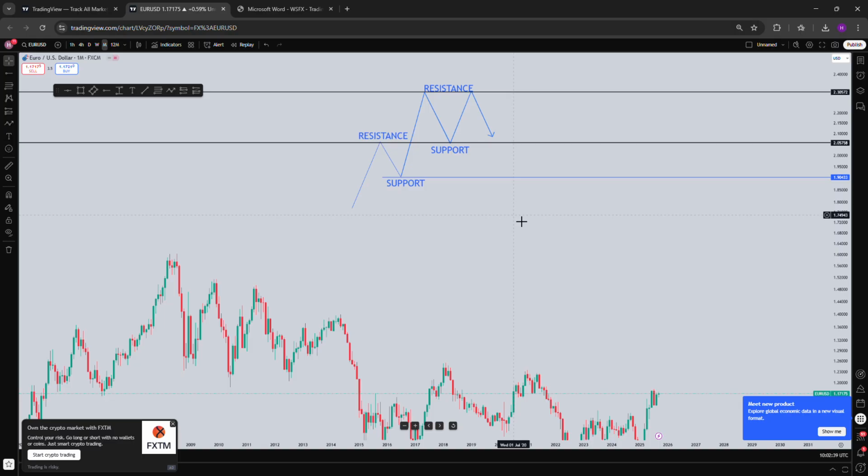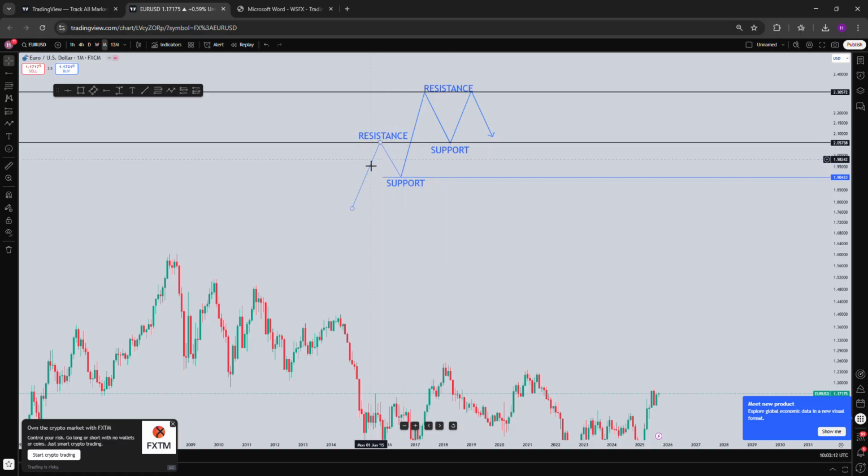So, as you can see, one important thing I want to point out here is the fact that a resistance can eventually turn to a support, or a support can eventually turn to a resistance, whatever the case may be. Are we together? So now if you look closely at this example, you'd notice that from the inception, price skyrocketed up to the resistance here, then came down and found support, right?